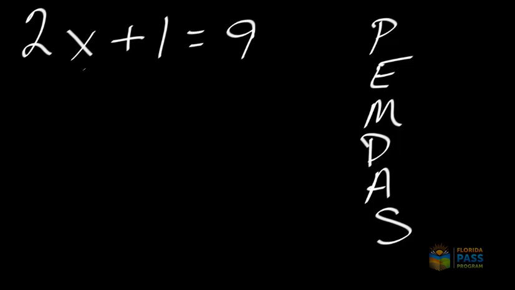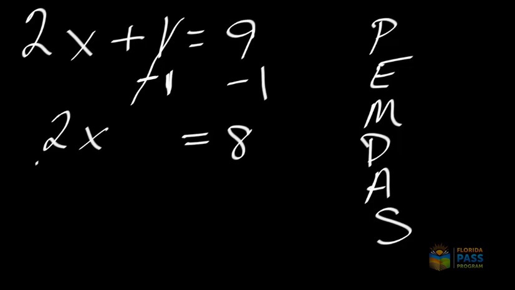Well, I have 2 times x and I have positive 1. We already determined we do the opposite of PEMDAS, which means we start with the addition, but we always do the inverse. What is the opposite of addition? It's subtraction. So I'm really going to subtract 1. Don't forget, whatever you do to one side, you have to do to both sides. So let's rewrite this problem. 2x, 1 minus 1 is 0, so that's gone, equals 9 minus 1, that's 8.